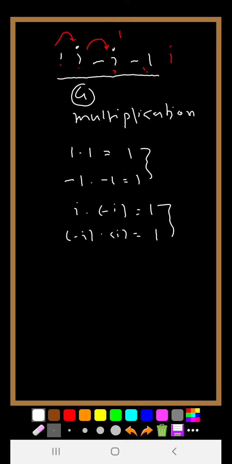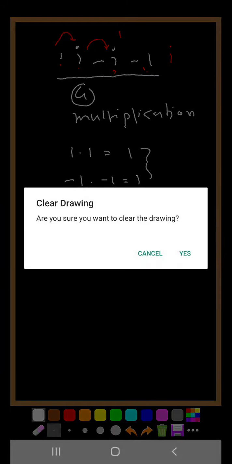Now let's take another example. Let's assume that there are 4 matrices. The matrix E is the identity matrix 1 0 0 1. Then we have a matrix A: 0 minus 1 1 0.